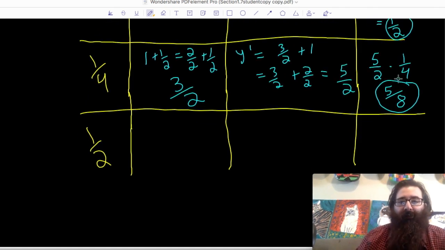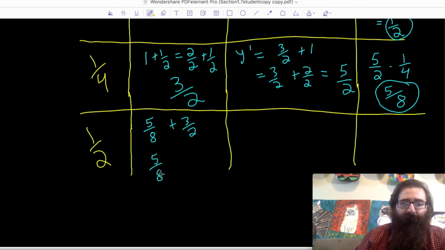So we'd say here I take this 5/8 that I just found, and I have to add it to 3/2, the value right up above, directly above it. And now get a common denominator here, so 5/8 plus 3/2, if I multiply by 4/4, gives me 12/8. And then here adding, that's going to give me 17/8.